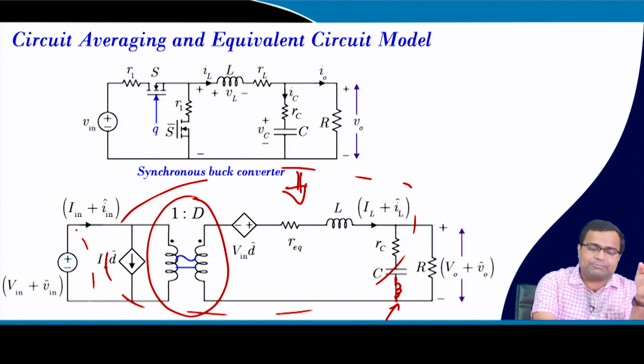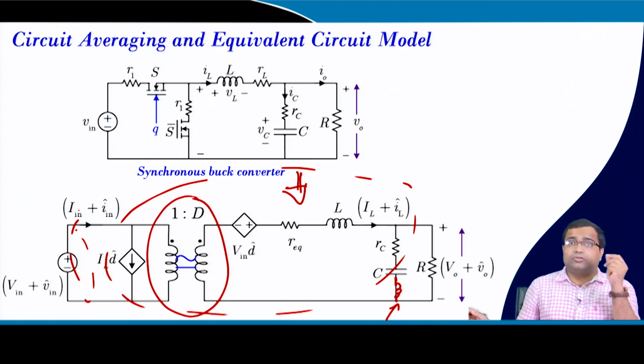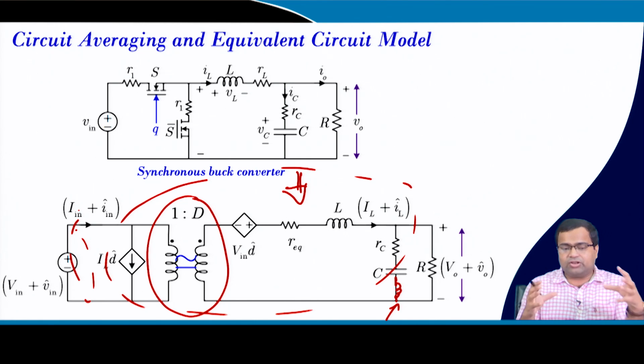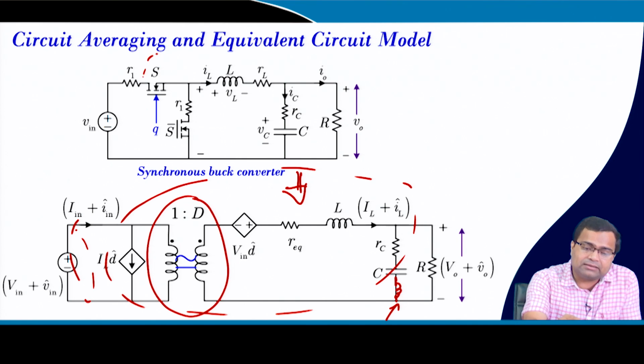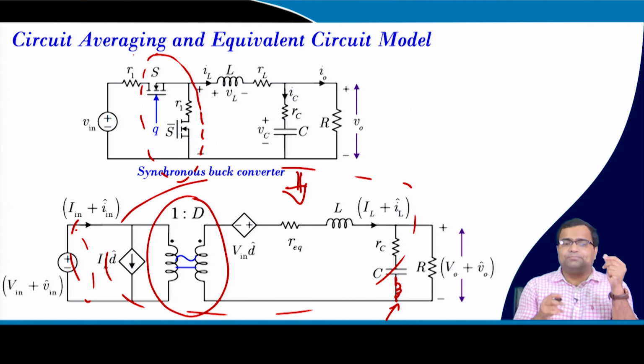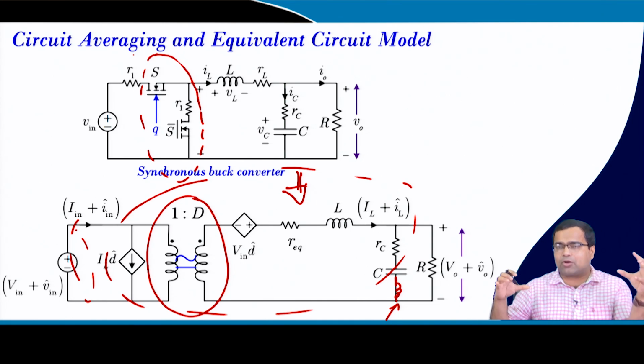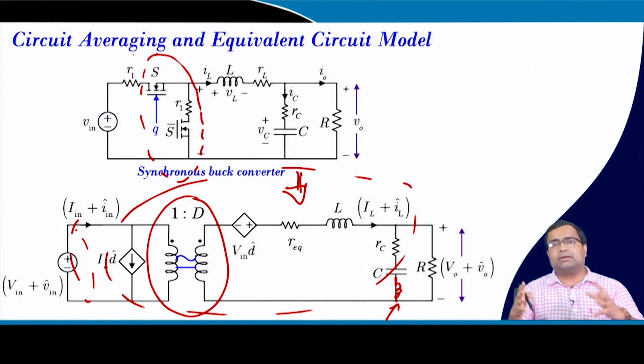Even if you consider an input filter, this model is also fine, because you can add some more parasitics on the left side and right side, it will work fine, as long as certain restrictions are met. If you go to the equivalent circuit model, that means the average switch model, and you satisfy that requirement, then this model is more generic and can accommodate more circuit elements, while the model is still applicable.